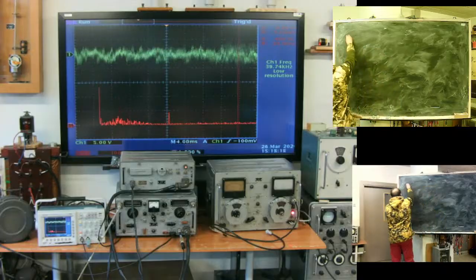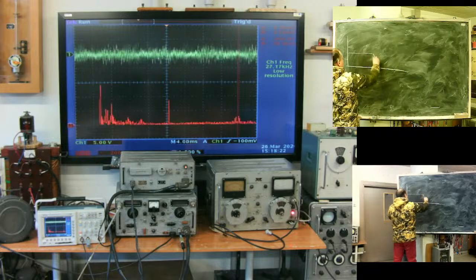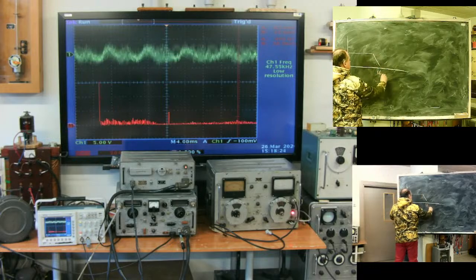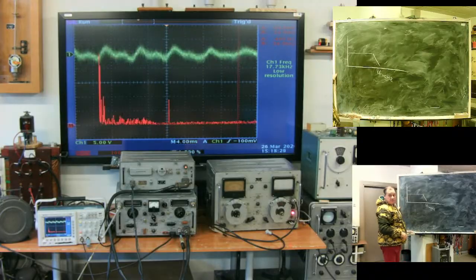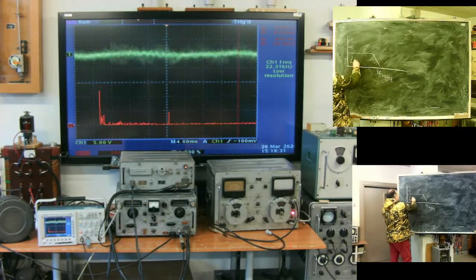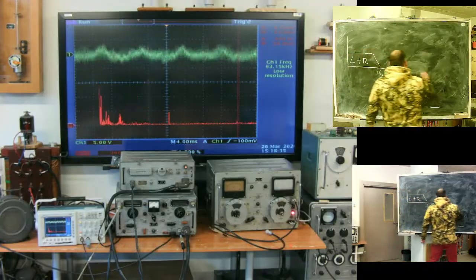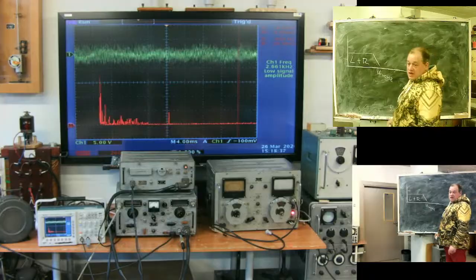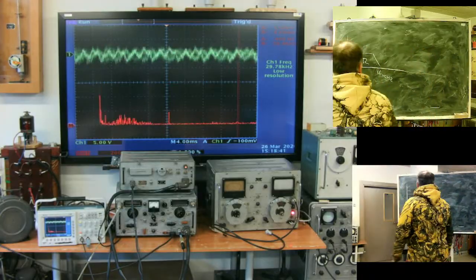Idea: up to 16 kilohertz, this part is simple sound. It's left plus right. And if you have left plus right, there should be left minus right.